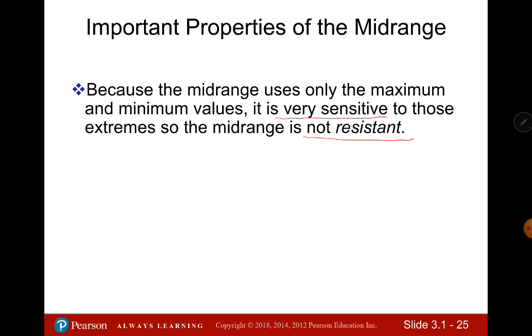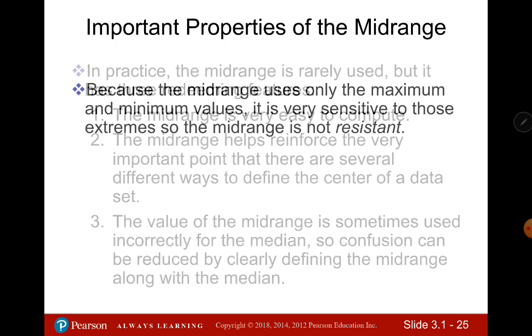Sensitive means not resistant. Because if we add some extreme value, then that extreme value will be either our minimum value or our maximum value. So that means the midrange will dramatically change. So it's not resistant.